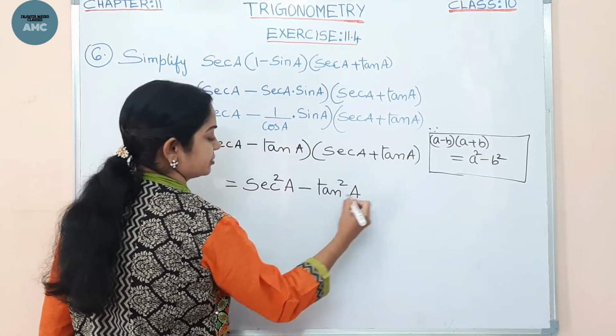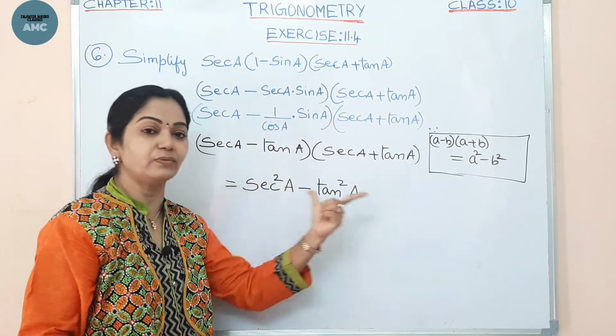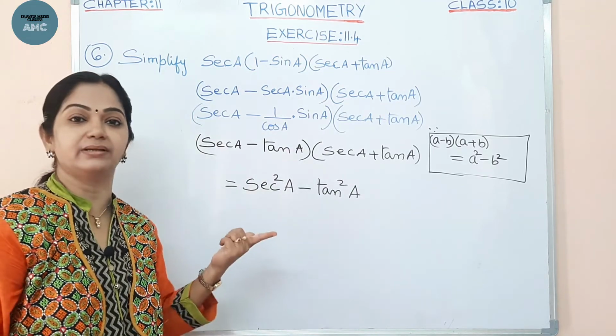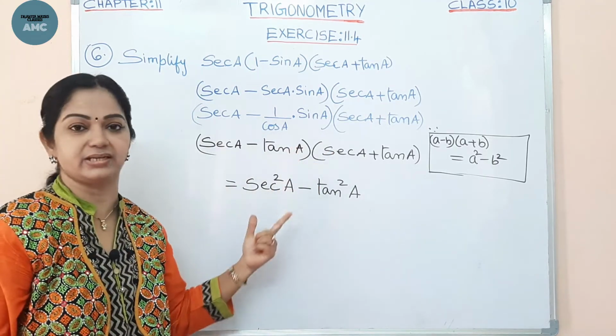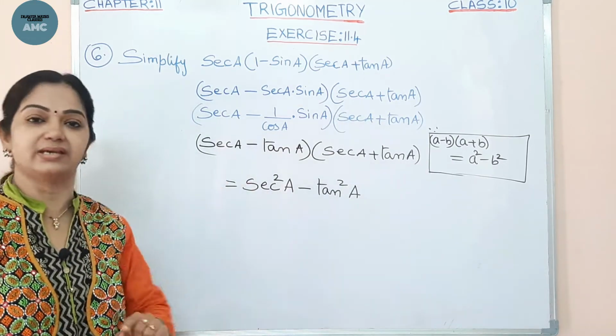Okay. Now here we have simplified it, but we can simplify more because the complete exercise is based on the trigonometric identities, where we didn't use any identity here. See, if secant and tan are involved, we have to go for the second identity.